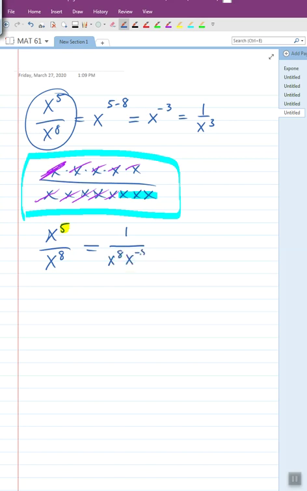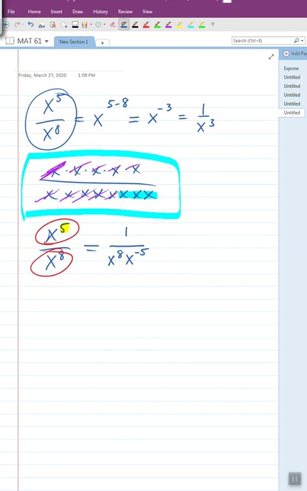It would change to x to the minus 5. Agreed? So I'm just picking which one of these two had the smaller power. It's the one in the top. I'm moving that one to the bottom, and when I do, the x to the 5 changes to an x to the negative 5.